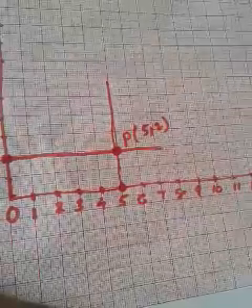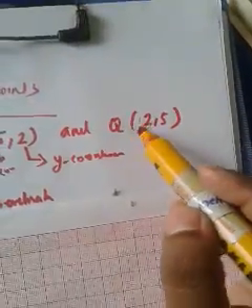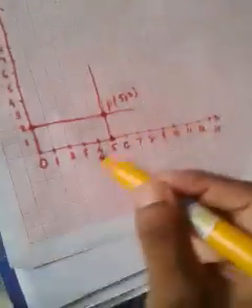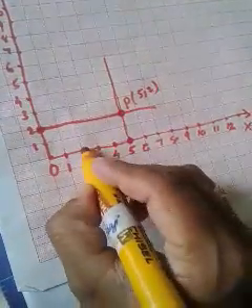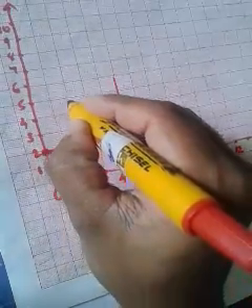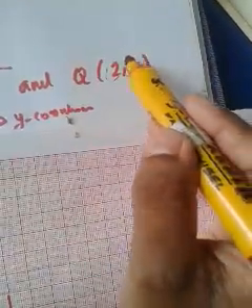I think it is almost clear now. Shall we move to the second one? Q(2, 5), I am going to mark. So which is your x coordinate? 2. So you have to choose 2 from the x-axis. This is your 2. You can draw a line like this by using a scale. And 5 is the y coordinate, no?